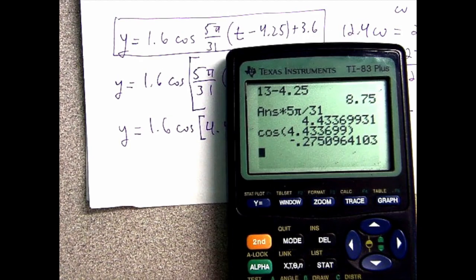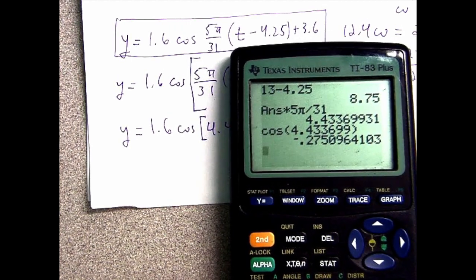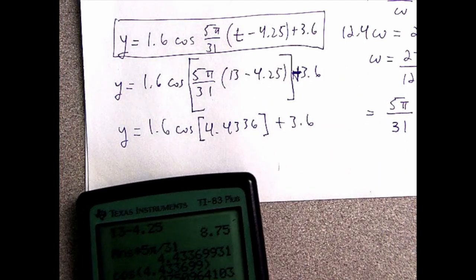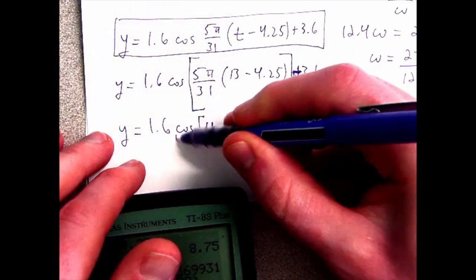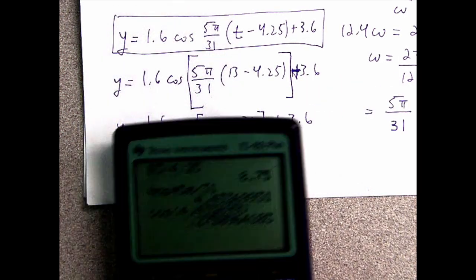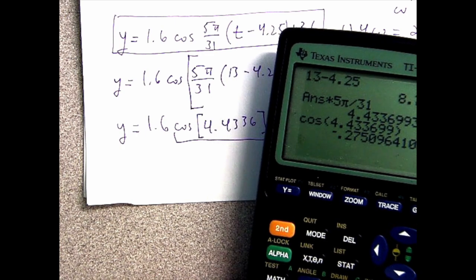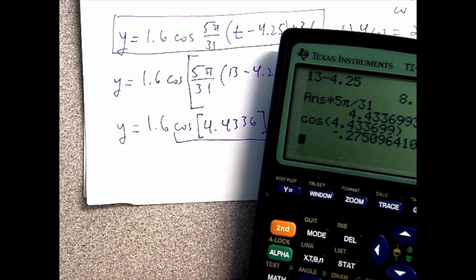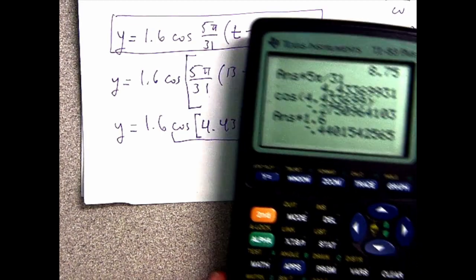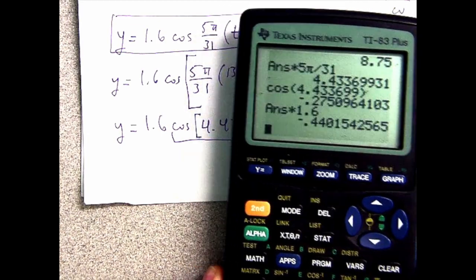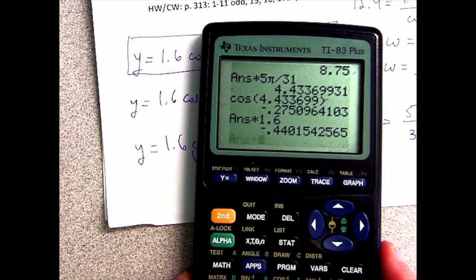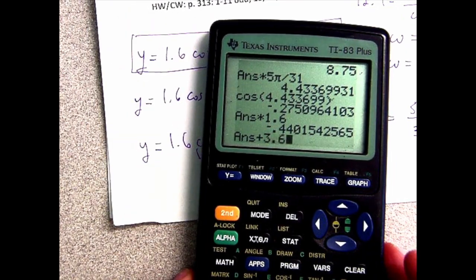Enter. I get this value right here. That's negative 0.27. So what do I do then? This whole expression is my negative 0.27 value there. So what I need to do now is multiply by 1.6. So times 1.6. I get this value right here. And then finally I have to add the 3.6. So plus 3.6.